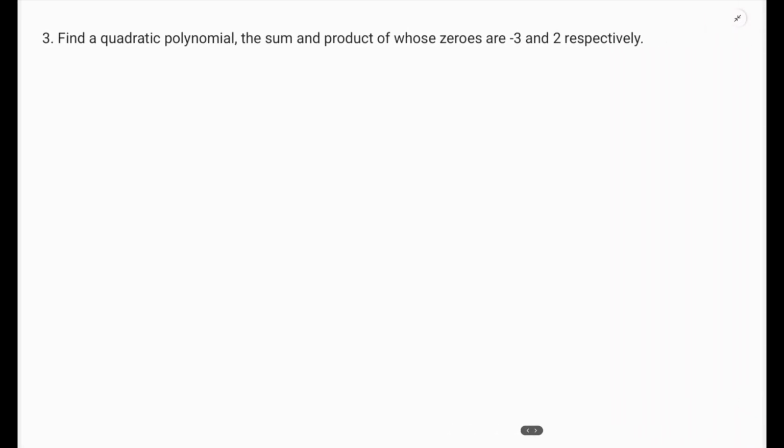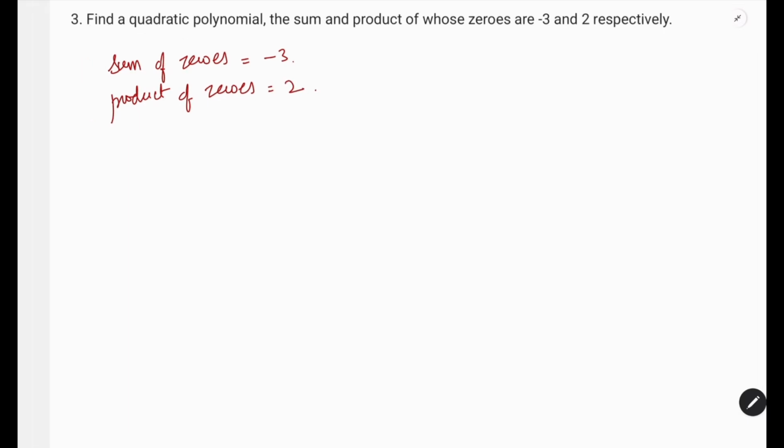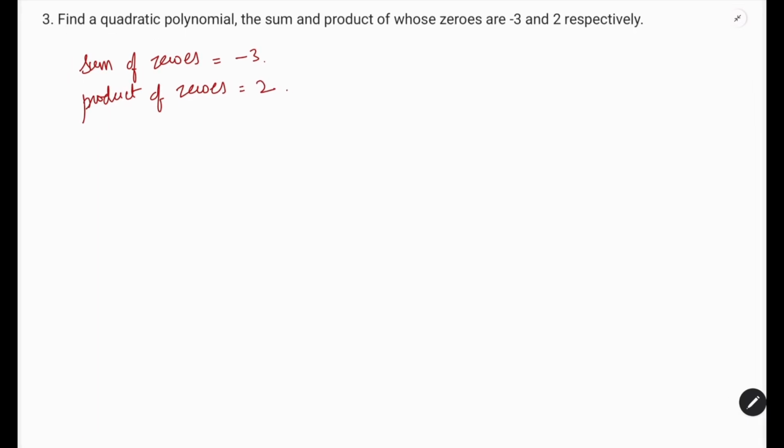Find a quadratic polynomial, the sum and product of whose zeros are minus 3 and 2. See, the sum of zeros is given as minus 3 and the product of zeros is equal to 2. Here sum is minus b by a, and product is c by a.